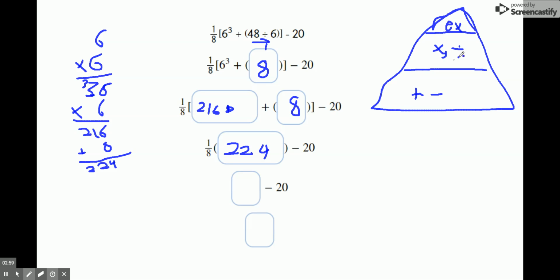Up here, multiplication is the higher operation, so we're going to do this first. So we do 1/8 times 224, and that ends up looking like 1 over 8 times 224 over 1, and it equals 224 over 8.